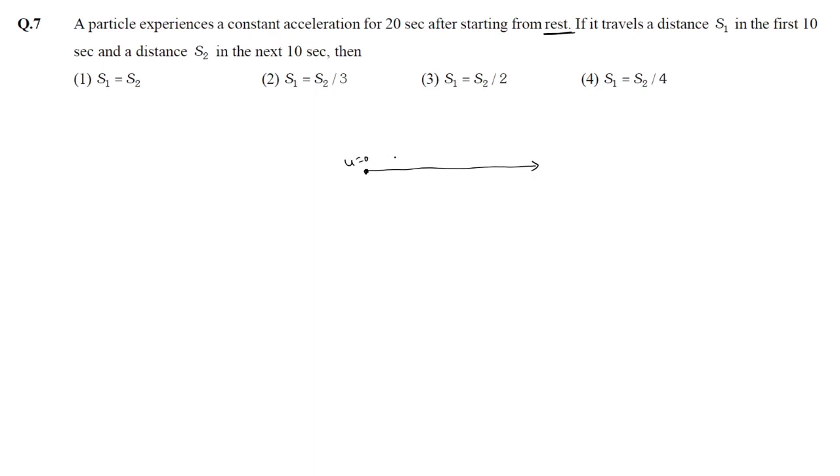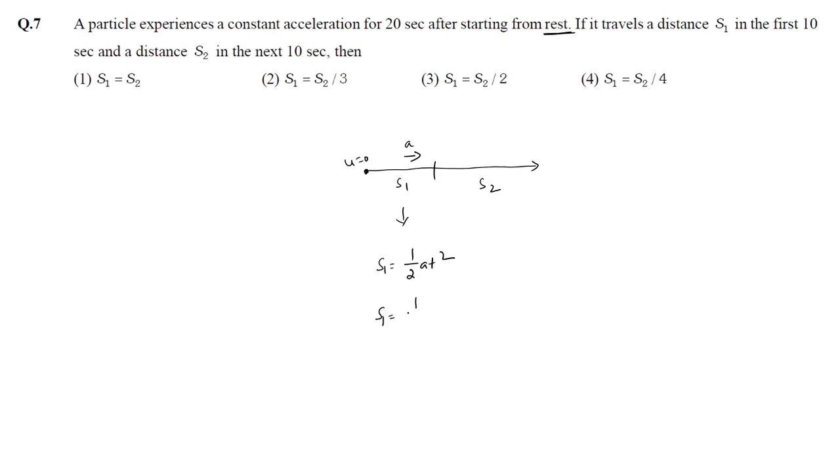Now with a constant acceleration a, it is moving for totally 20 seconds, and for the first 10 seconds it is going to cover a distance s1, and in the remaining 10 seconds it is going to cover distance s2. Now let us find out what this s1 value is. s1 is equal to half a t square.